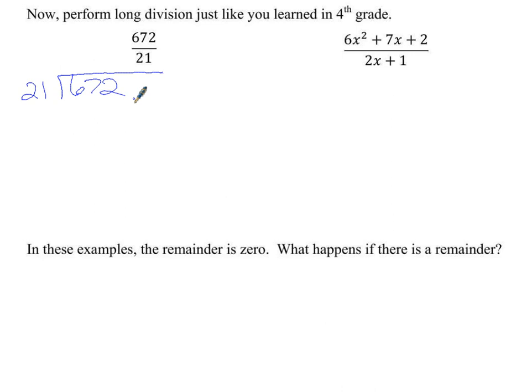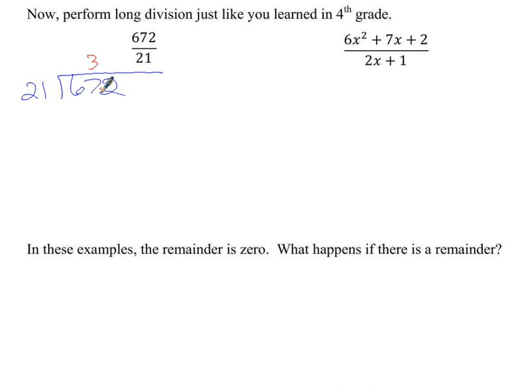And then what you do is you say, how many times does 21 go into 6 evenly? Well, 21 doesn't go into 6 evenly. So I skip the 6 and I make it 67. And I say, okay, how many times does 21 go into 67? 3 times. So I write that 3 above the 7 because that's as far as I have gotten so far. And then, what do I do?